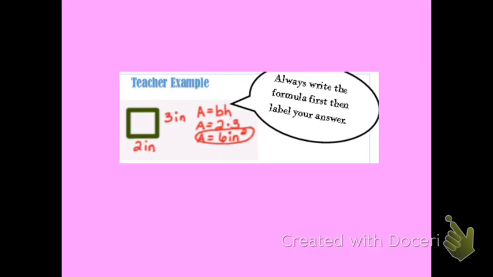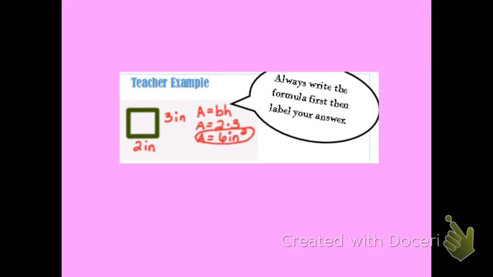Okay. And then all we had to do was substitute in our 2 numbers. So we substituted in 3 and 2. By the way, it does not matter which one we call the base and the height. That can help you. Okay, it really won't matter in this case which one we call the base and the height. So, because depending on how you were looking at it, you could think this one's the base and this one's the height. It really won't matter because all we're going to do is multiply them anyways. So that makes it easy.